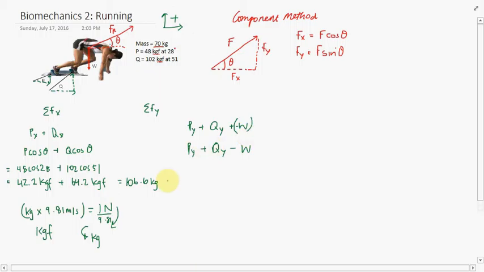minus W. So it's simply the magnitude of P times the sine of its angle plus the magnitude of Q times the sine of its angle, minus W. Well, since it's acting straight down, that is at 90 degrees, and the sine of 90 is equal to 1, correct?